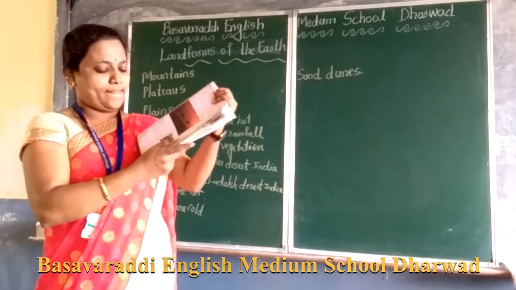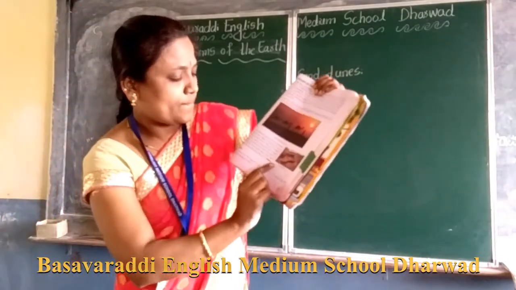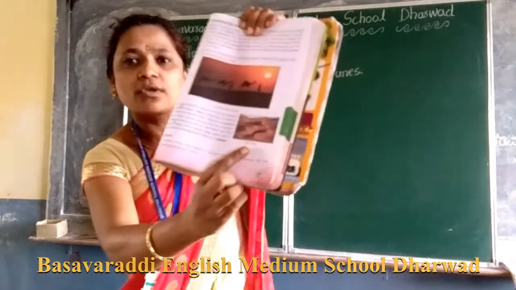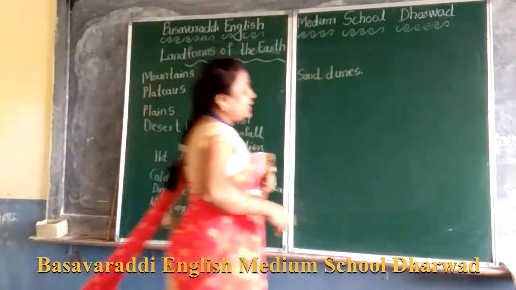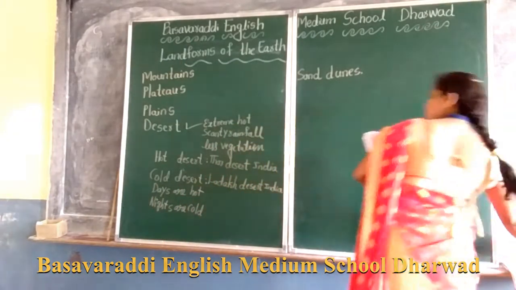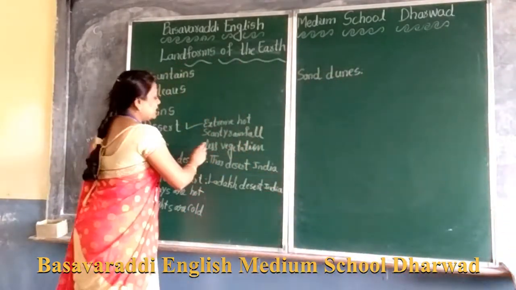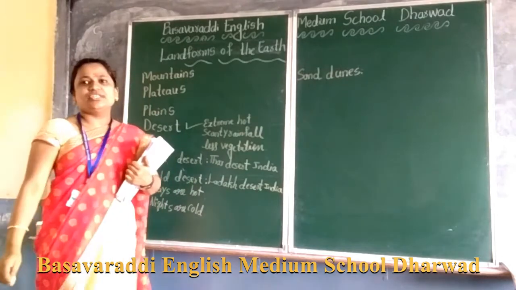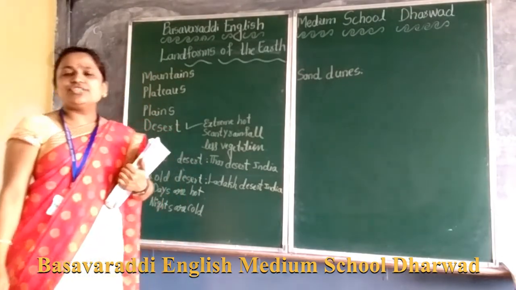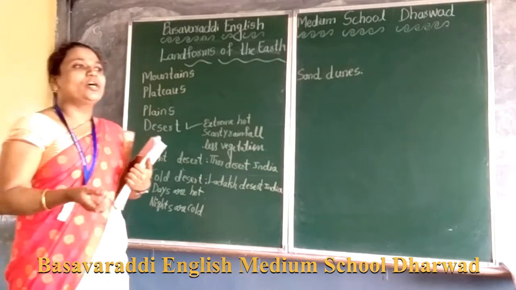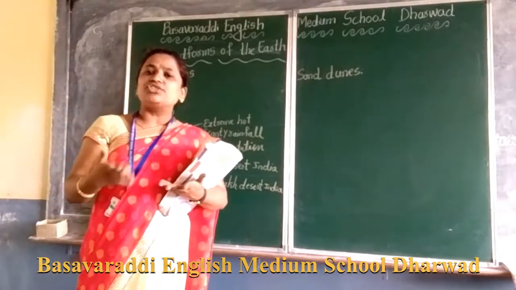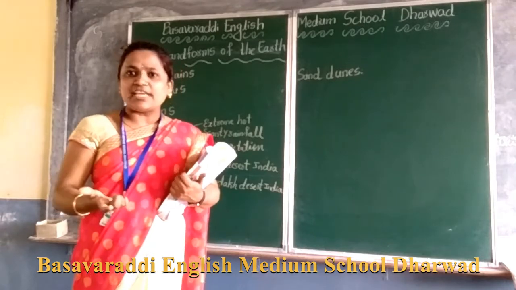See here. Have you observed? Yes. In desert area, I already told you, there is less vegetation. Less vegetation in the sense, what type of plants and trees can we find?